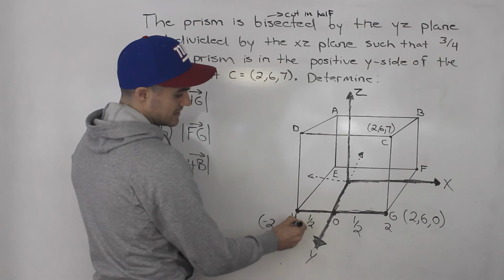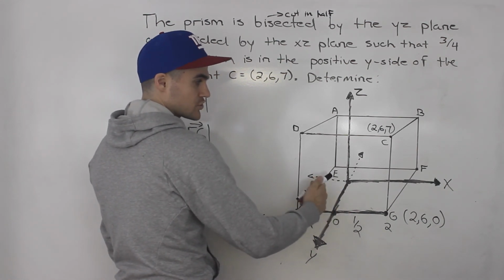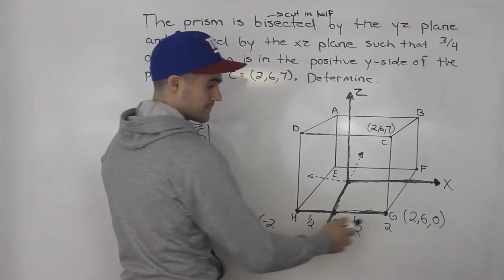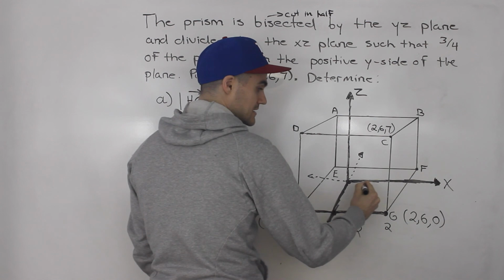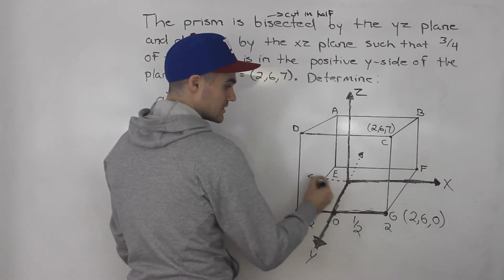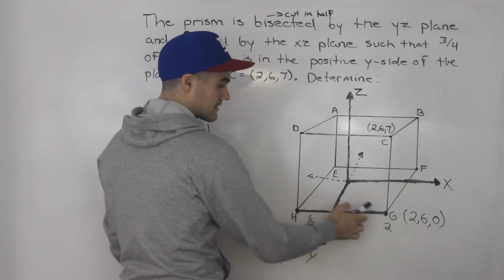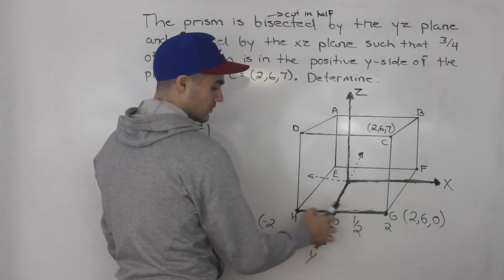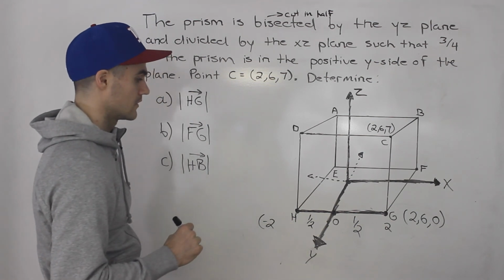Coordinate G is in the positive portion of the X-axis, and coordinate H is in the negative portion. Since those lengths are equal, from 0 to -2, that's a length of 2 as well.